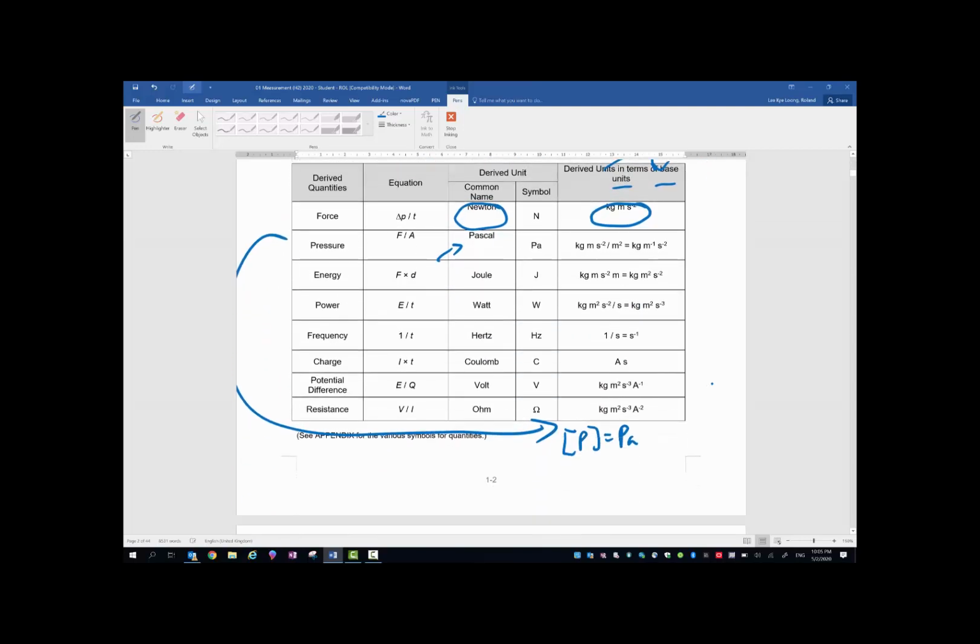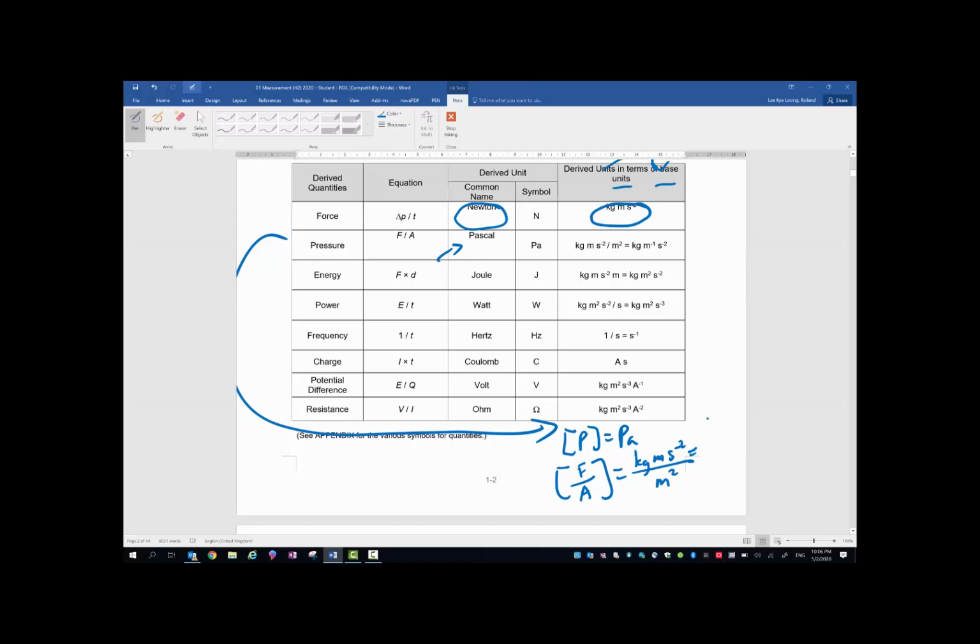Well, we know that pressure is equal to force over area. Okay, so pressure equals force over area. So the unit of force over unit of area will be equal to, what's the unit of force? Kilogram meters per second square. What's the unit of area? Square meter.